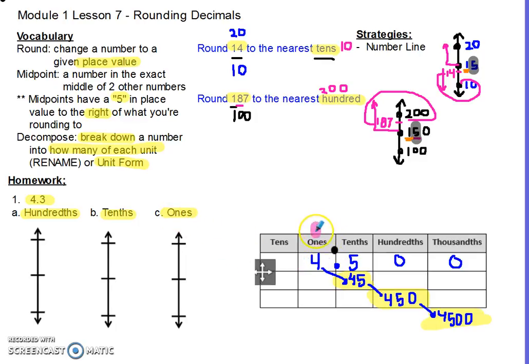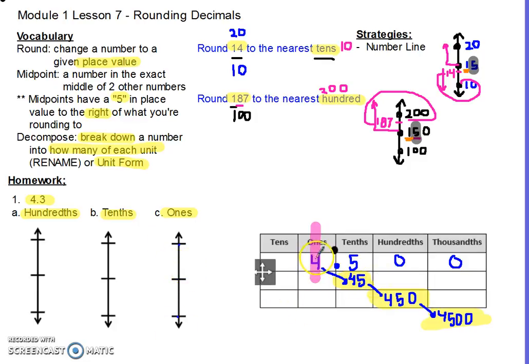And so what I'm going to do is I'm going to look in my ones column, and I see a 4 right there. So I have 4 ones and 5 tenths. Then I would bring what I have here. I'm saying, okay, if I'm rounding to the ones, I know that my top point and my bottom point are going to be the ones that are below and above the 4. This 5 I'm just not going to worry about until I get to placing my number on my number line.